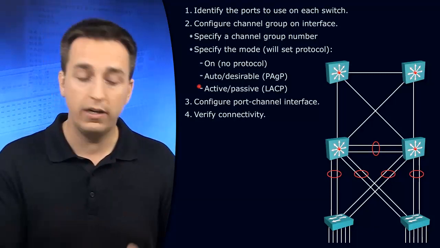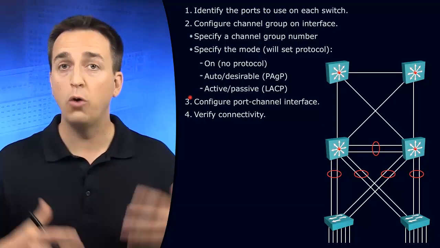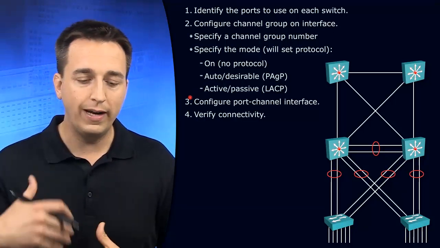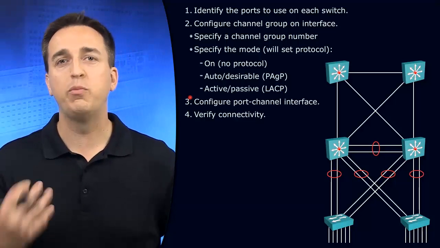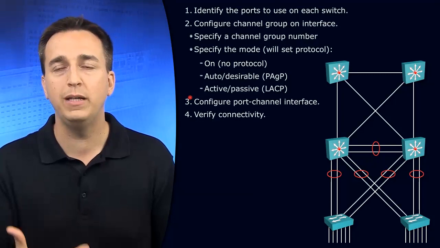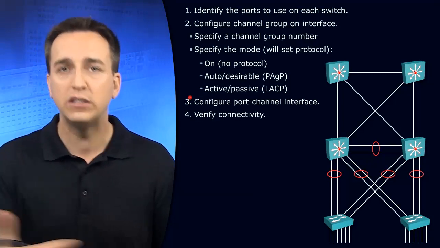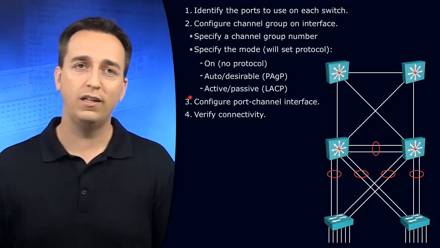But if you forgot to create the port channel interface, or you chose not to, then when you identify the channel group number, the port channel is automatically created. So this port channel is going to be that logical interface that's representing all of these physical interfaces that are part of the EtherChannel bundle.